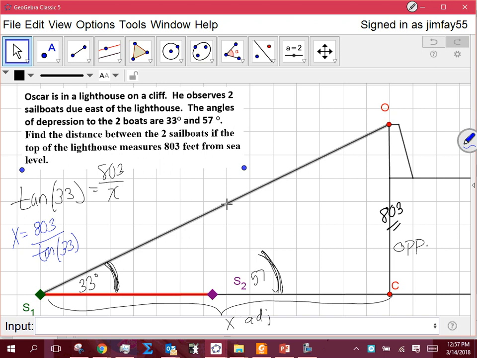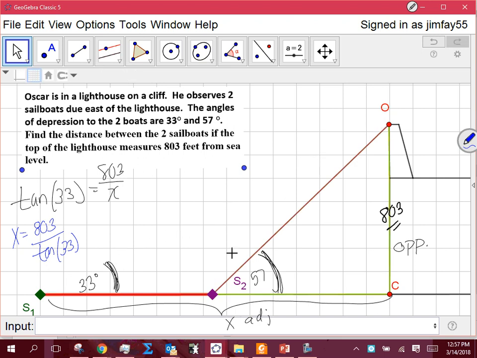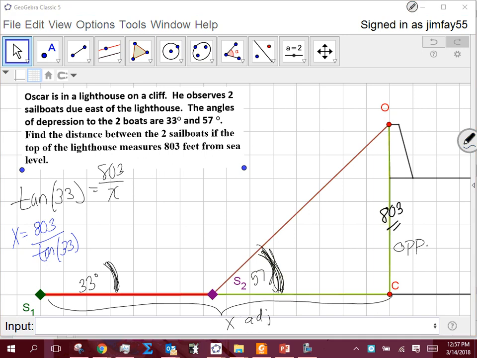Can I then deal with just that right triangle? Still got 57. Is this still opposite? Let's refer to that distance as y. Could I say the tangent of 57 is equal to 803 over y?